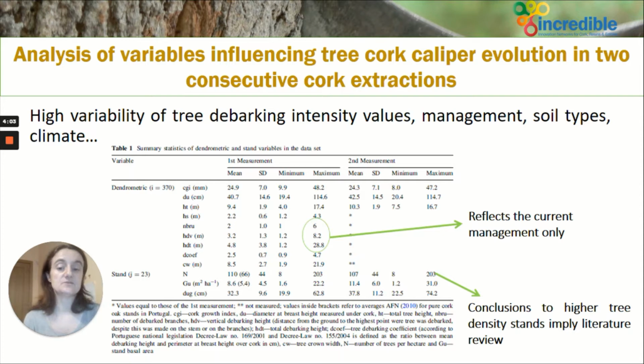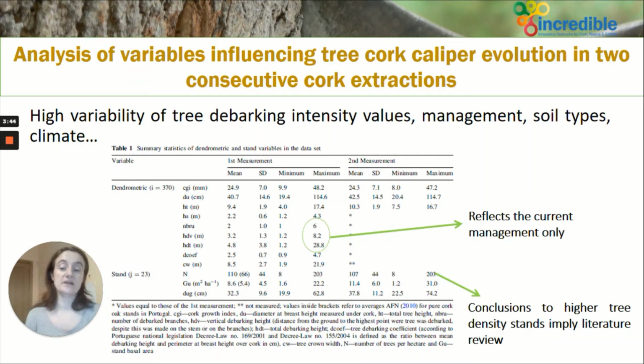It is important to have in mind, in particular, some variables that later on during the results we'll be focusing on. For example, the maximum value of the variables that are expressing the debarking intensity.